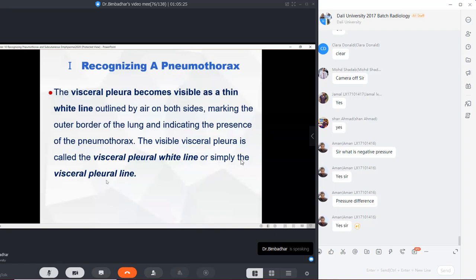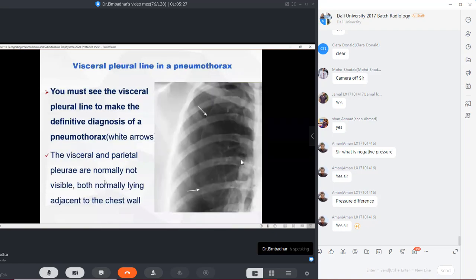You see here, there is air in the pleural cavity. Air looks black, and this is the area. Compared to this area of the posterior ribs, which one is more clear? Is it on the medial side or the lateral side?